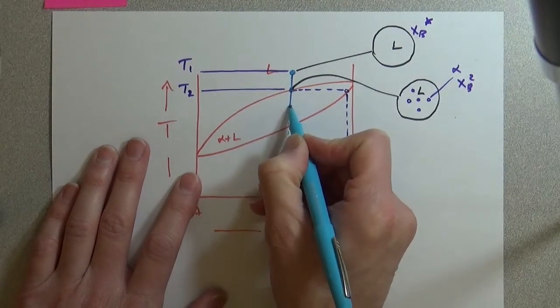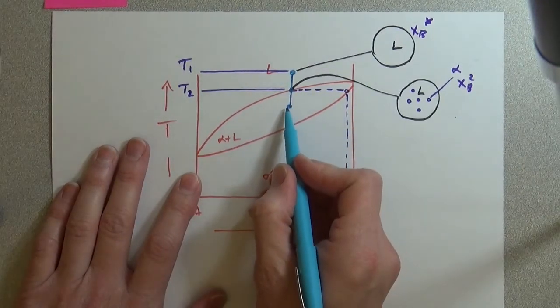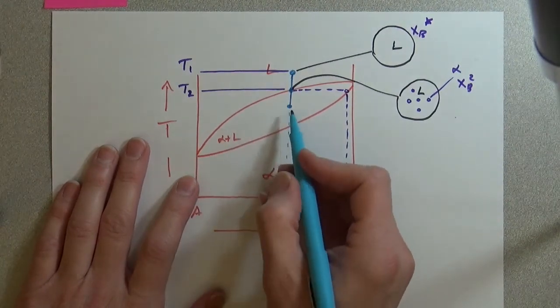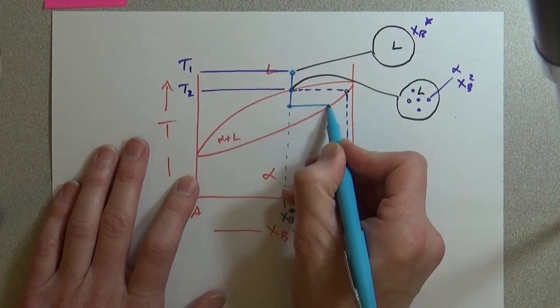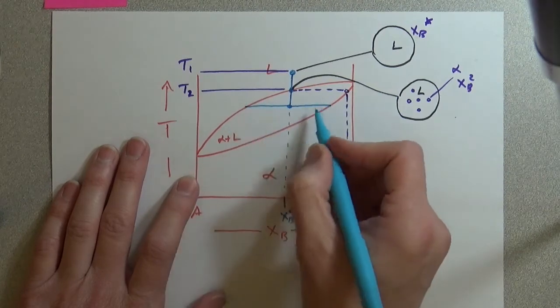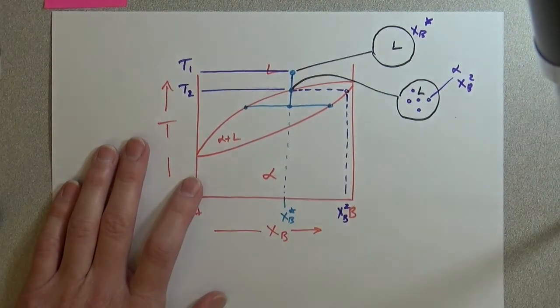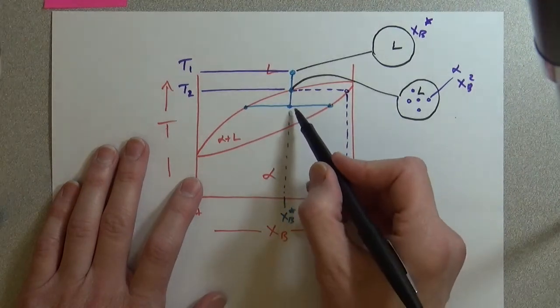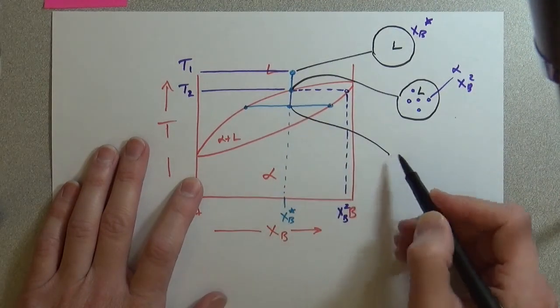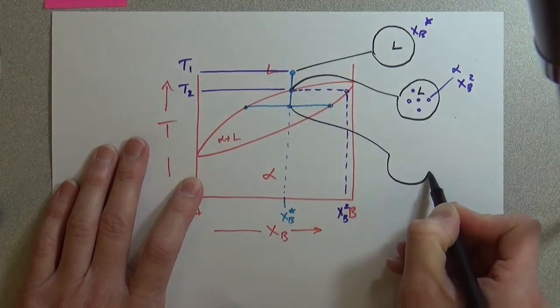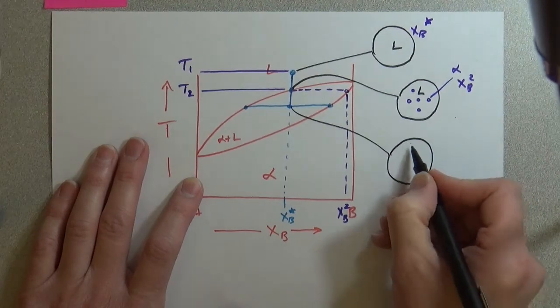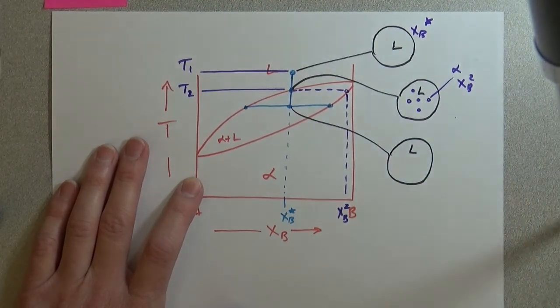Okay? Now we're going to cool down a little bit further. At that point, we know that we're in the middle of a two-phase region. We draw our tie line. And our microstructure at this point now looks like this. Liquid.